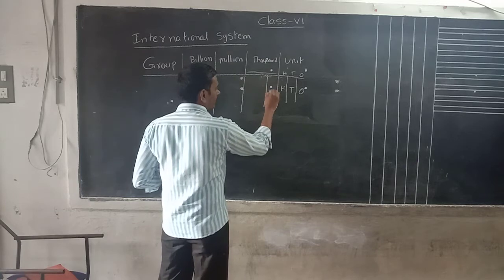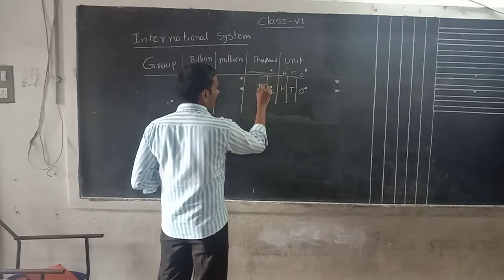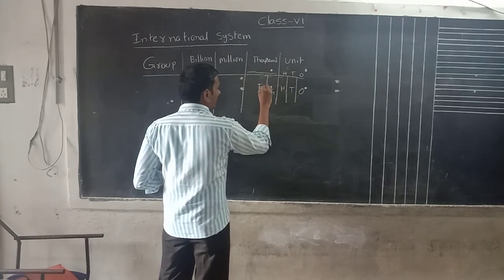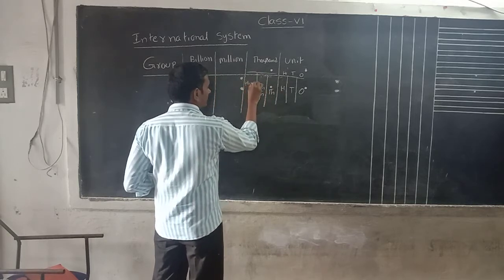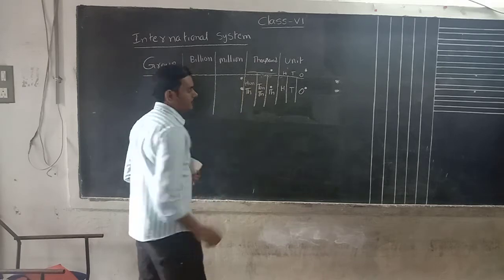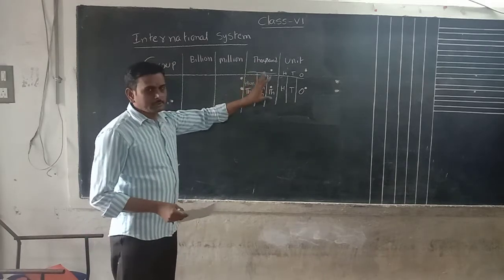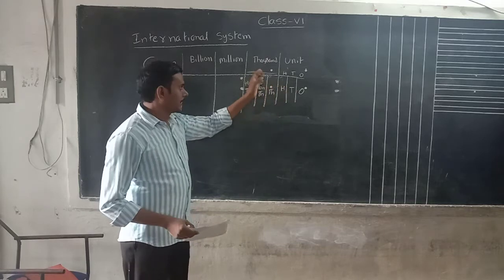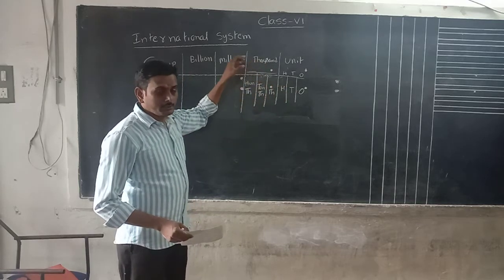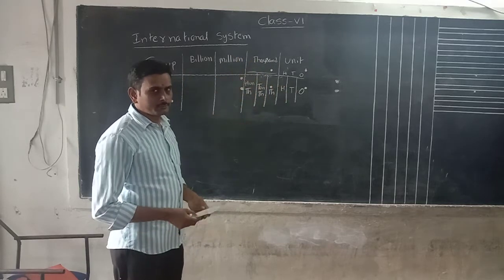Here, thousand group, 10,000 group, 100,000 group. Every group has 3 places, related to ones, tens, hundred only. But the names will start with the group we are writing; that has to be written first.